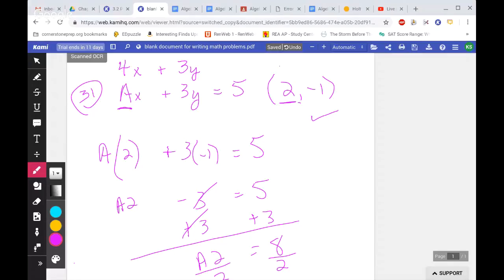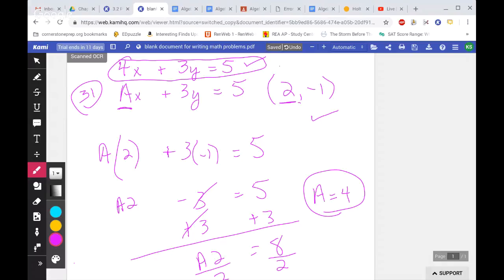So you just plug in that 4 for A, and that would be your final answer: 4x plus 3y equals 5, because A equals 4. So that's the A, and this is the rewritten equation. And that is an example for number 33 and 35. Those are the two additional problems that you'll work for that section.